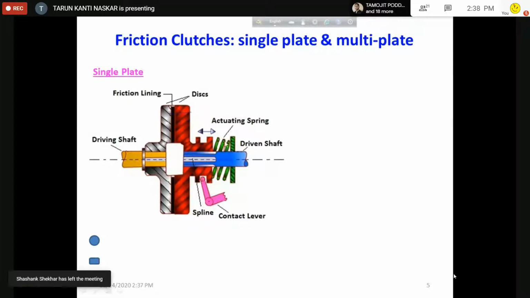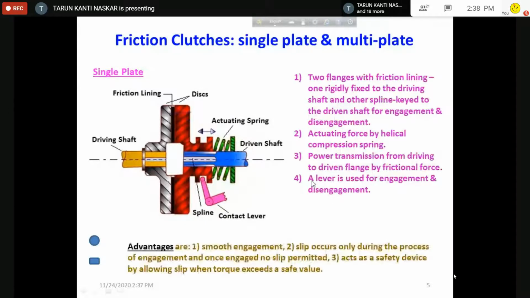And this is the actuating spring. It is a compressive spring, and this compressive spring is the source of the actuating force.